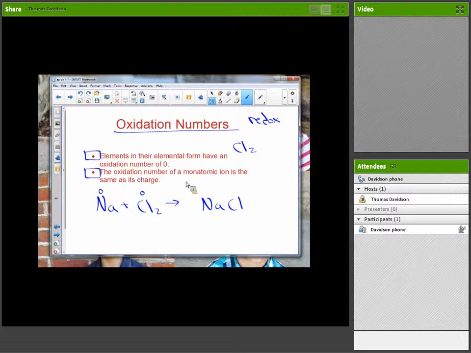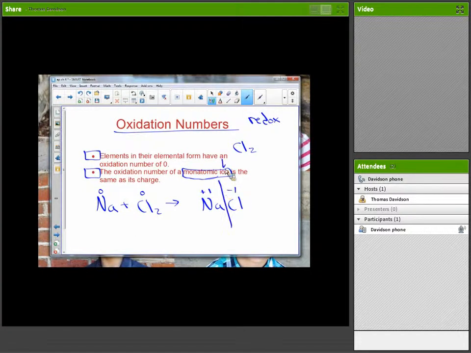Sodium, since it's a monatomic ion, its charge is its oxidation number. So it's in family 1 plus 1. Chlorine is a monatomic ion with a charge of minus 1. Now, oxidation has occurred because we had neutral things and they are now charged. But they are monatomic, right? Because they're stuck together. But they're ions.